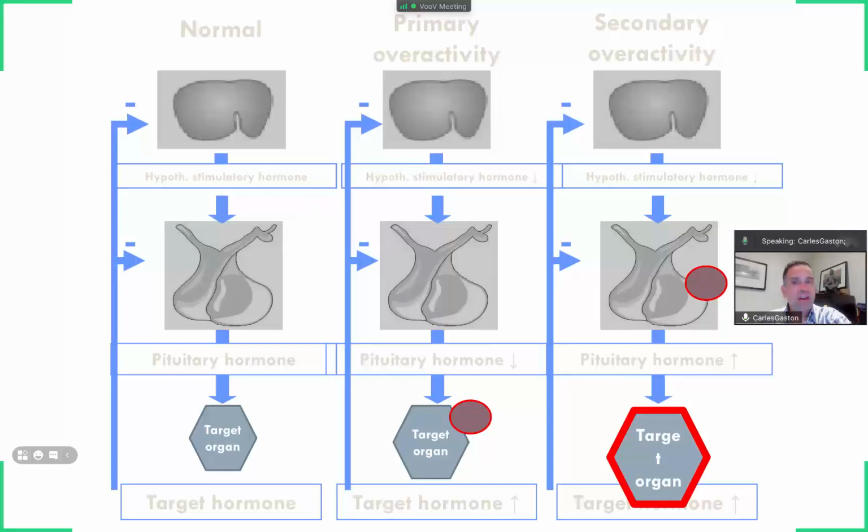So these are the several scenarios that can occur when the HP axis is affected by a tumor affecting either the pituitary or the target organ, and depending whether this is secreting or non-secreting.